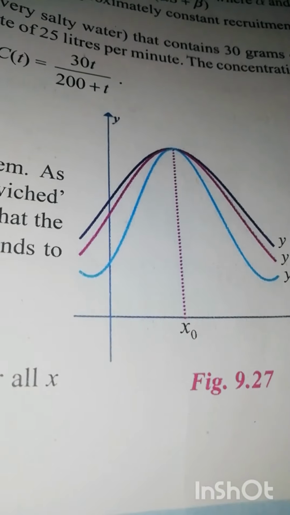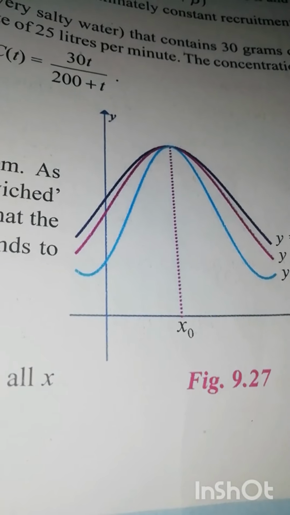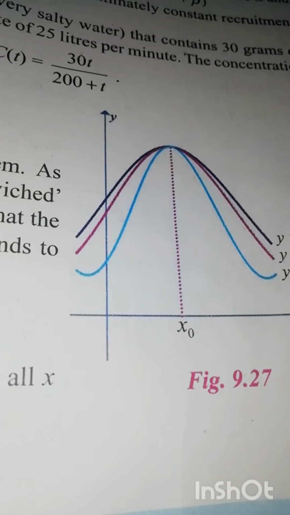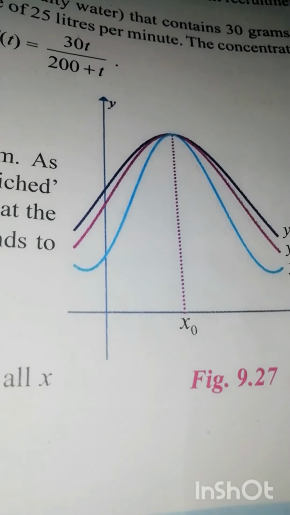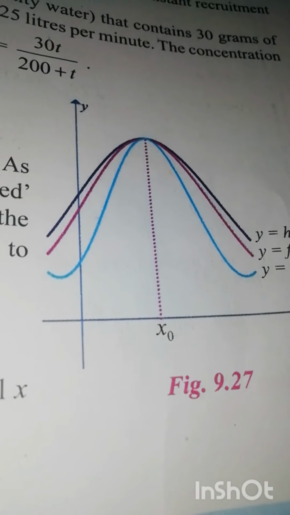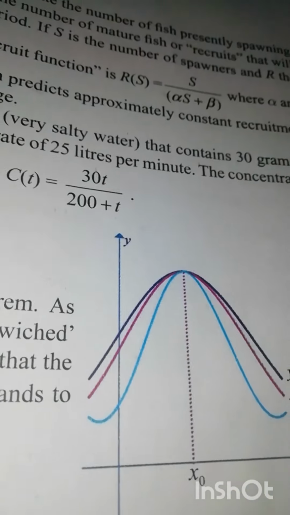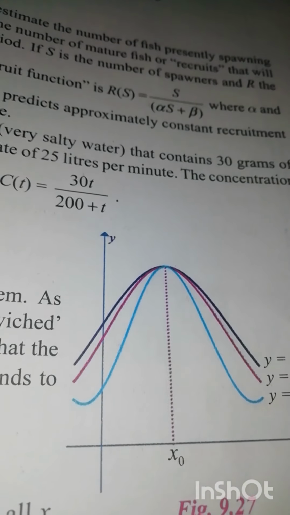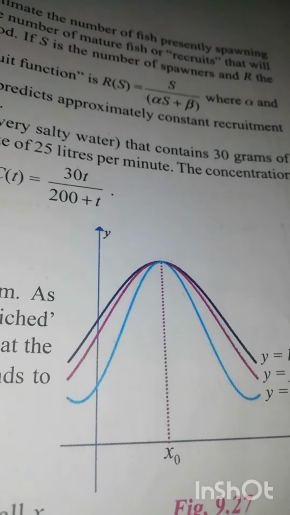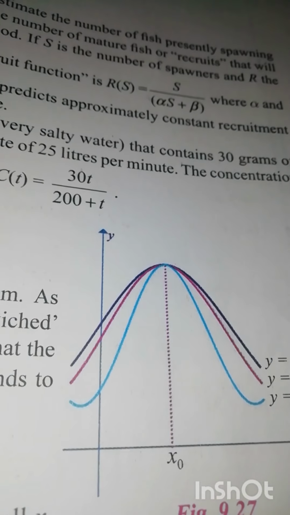Plus means right hand limit, minus means left hand limit. It is mentioned by direction only. So these three functions have equal left and right limits.